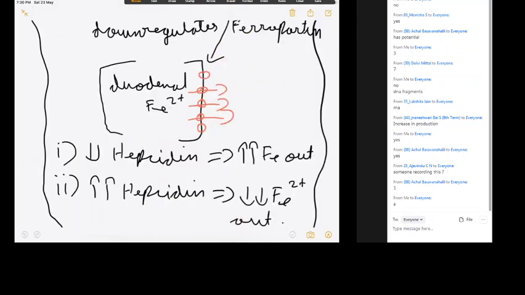Okay. Hepcidin down regulates ferroportin. So basic thing is, if you have less hepcidin, then more iron. If you have more hepcidin, then less iron is coming out. Okay, everyone understood? The main aim of this was, first I wanted you to know the importance of reticulocytes.